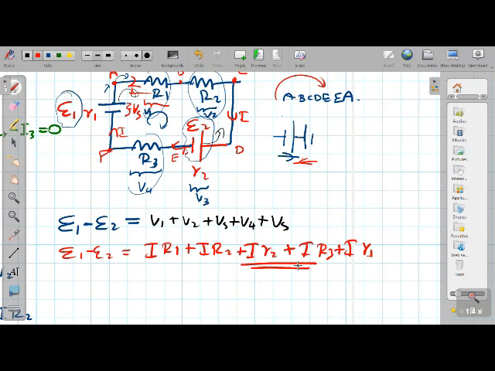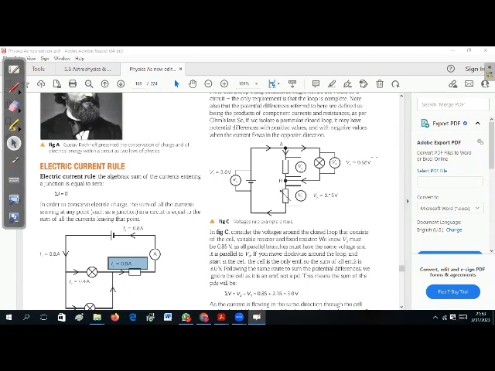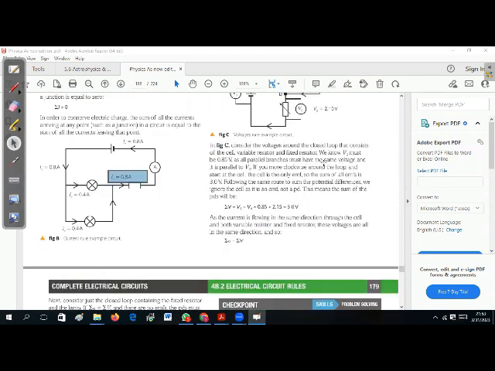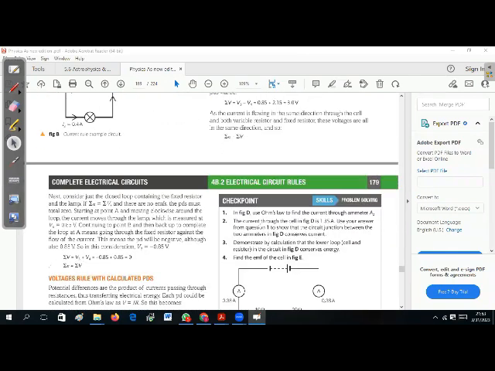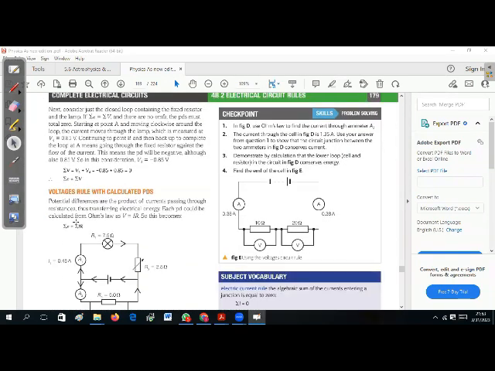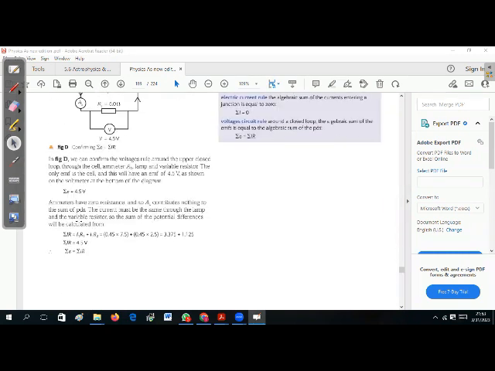Okay, this is all about Kirchhoff's voltage rule. I explained even a harder one than this one, so if you understand mine, this voltage rule is going to be nothing. See?